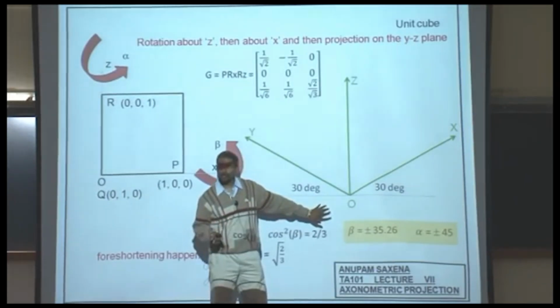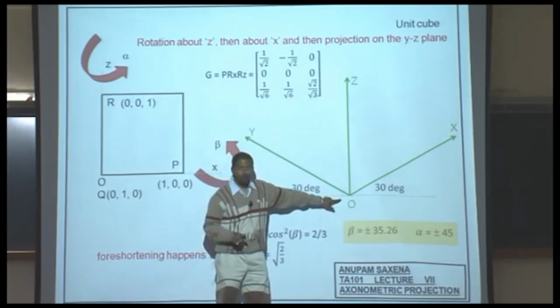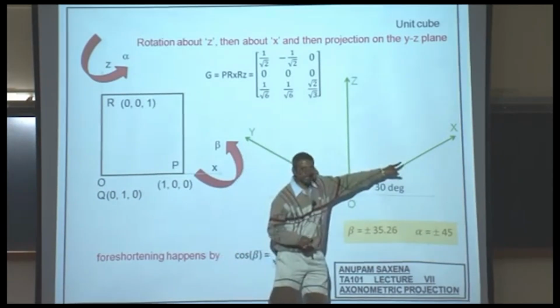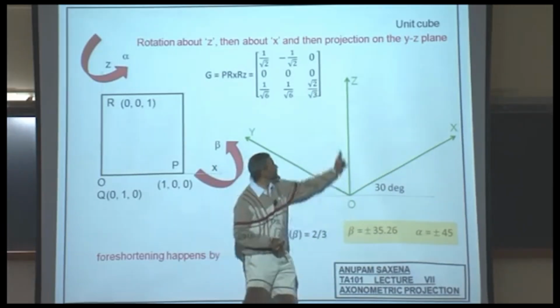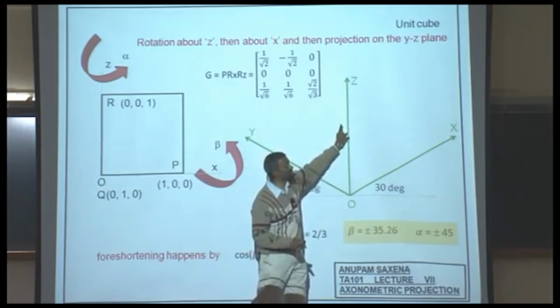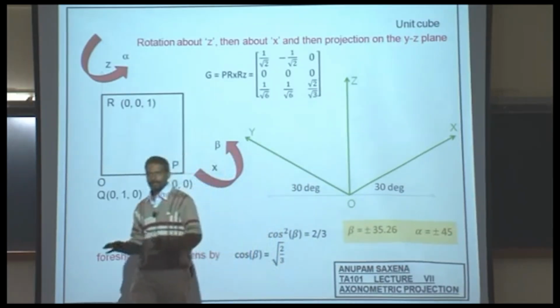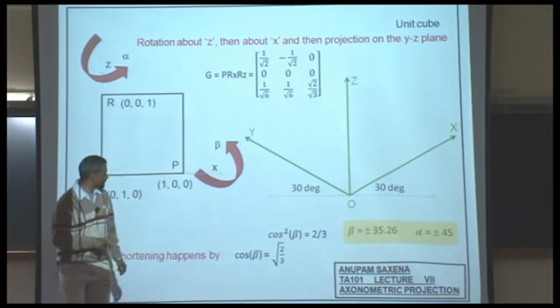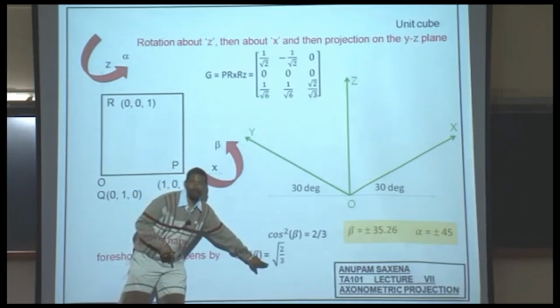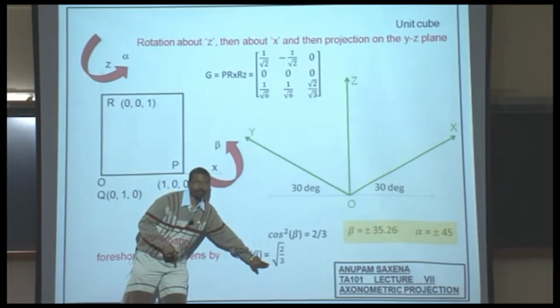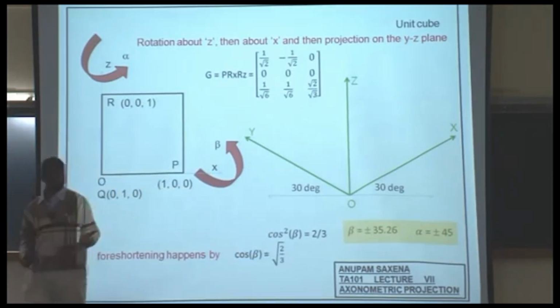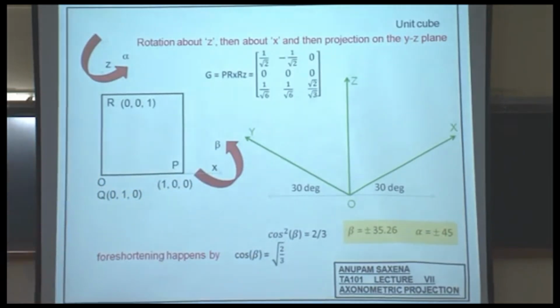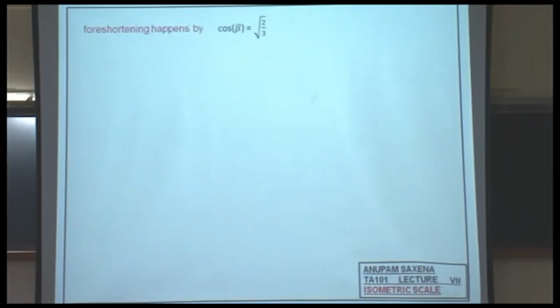When you start drawing your isometric views, pick a point on your sheet, draw the x-axis at 30 degrees to the horizontal, draw the y-axis at 30 degrees to the horizontal, draw the z-axis vertically upwards. Message 2, your true lengths need to be multiplied by root 2 over root 3 to get the isometric lengths. And we are going to be working on how to draw the isometric scale.